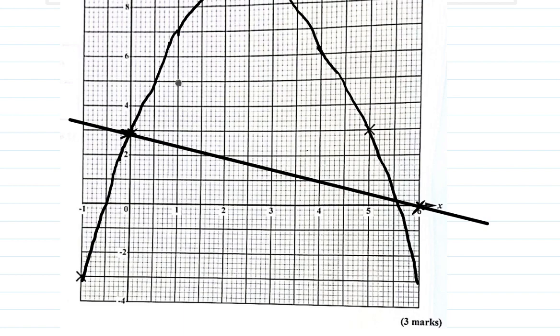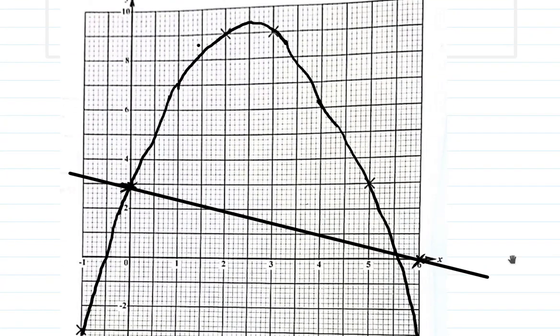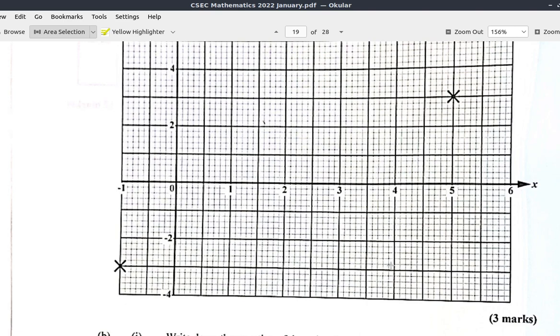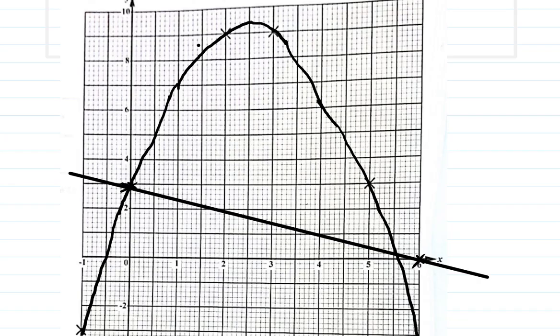So, what was the graph again? The graph is 3 plus 5x minus x squared. So we have f of x equals 3 plus 5x minus x squared.